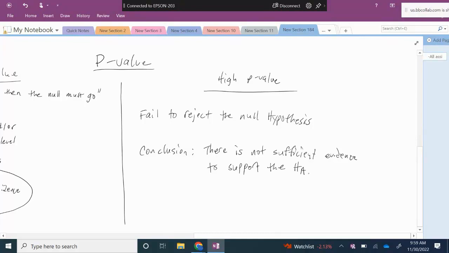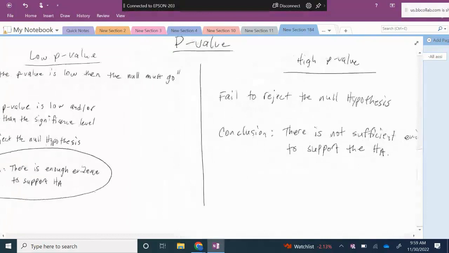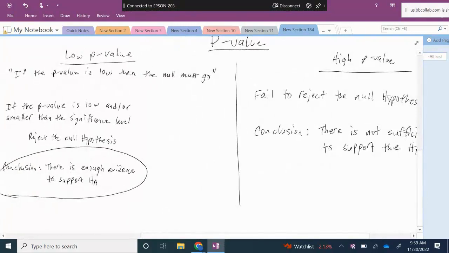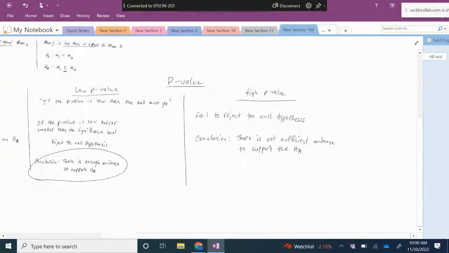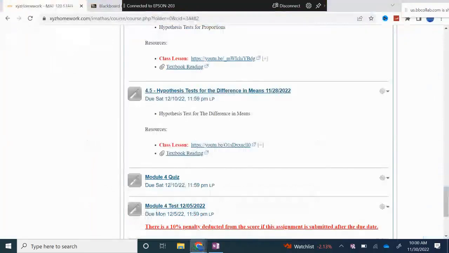Okay, so notice in those conclusions, they don't mention anything about the null hypothesis, right? If you have a low p-value, then there's enough evidence to support the alternative hypothesis. And if you have a high p-value, there's not enough significant evidence to support the alternative. Okay. All right, so any questions about the p-value? Okay, and this is true for all of the hypothesis tests in Module 4. Okay. All right, so we're going to refer back to this.